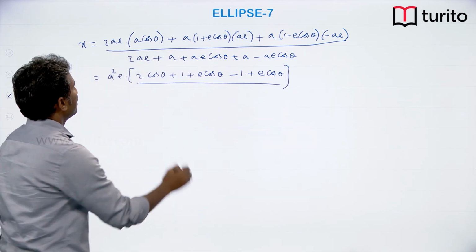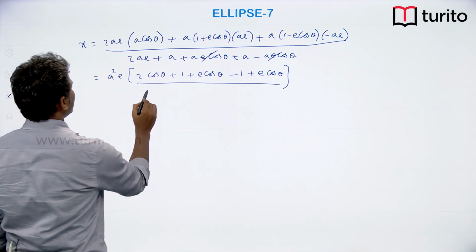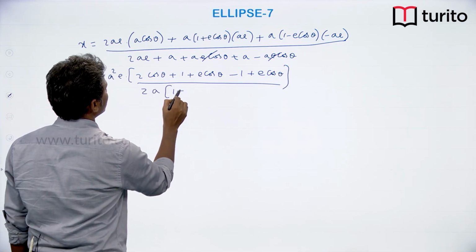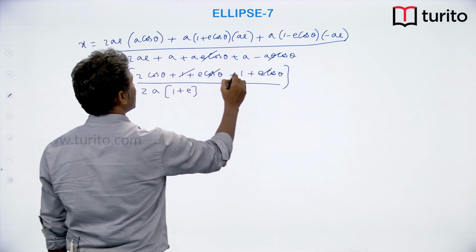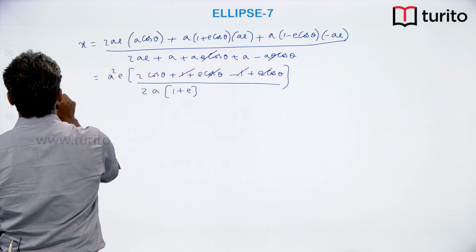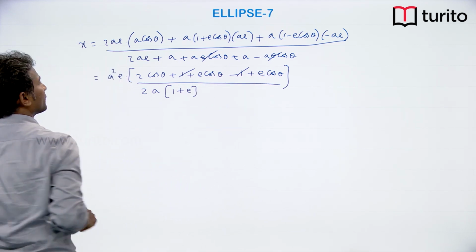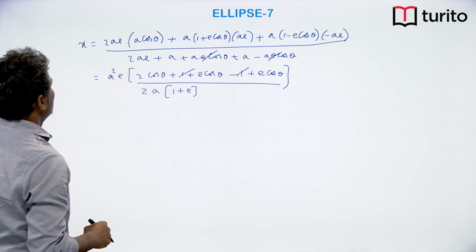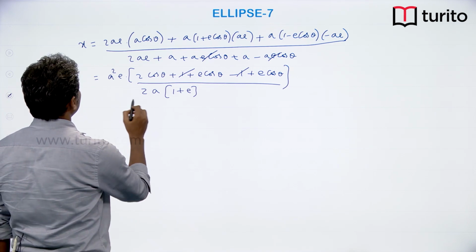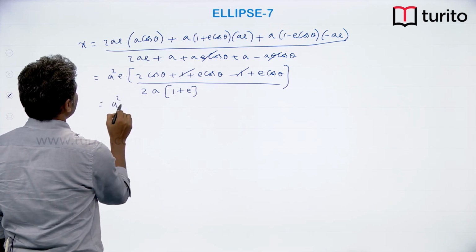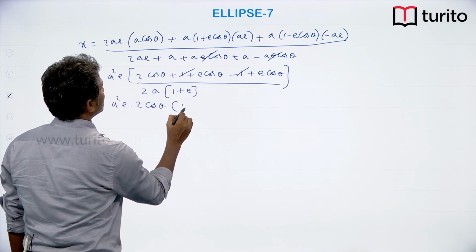Divided by, here luckily A cos theta got cancelled, and if I take 2A common, I am getting (1 plus E). Here E cos theta, the 1 is getting cancelled, E cos theta is not getting cancelled. Further, we can also take 2 cos theta common. So, we get something like A square into E into 2 cos theta common into (1 plus E).